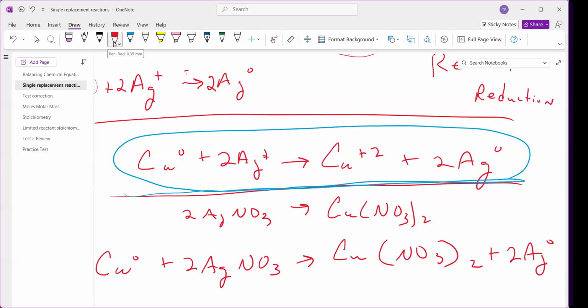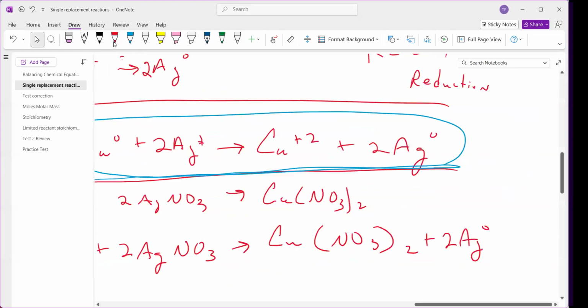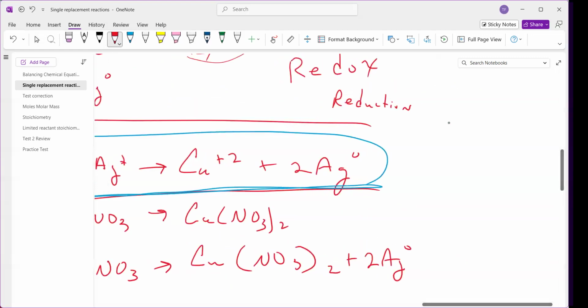When you have an ion that doesn't participate in the reaction, it's called a spectator ion. We're going to see this tomorrow as well with double replacement. Spectator ions, just like when you go to a ball game, if you're not the player, you're a spectator.